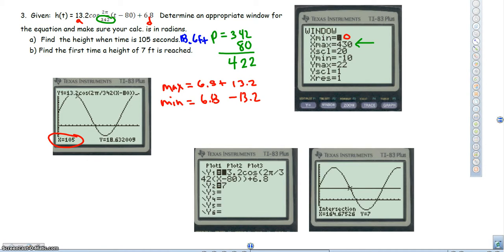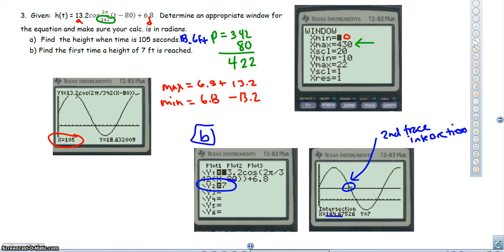Now the next part tells me, and again, it doesn't say round to the hundredth, so this could vary, but what is the first time the height is 7? That part is here. So I simply type in y2 equals 7, and then here's where I do the second trace, and I go to intersection. I think it's number 5, and then I move to about where that point is and hit enter 3 times.